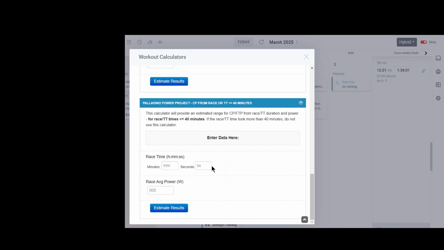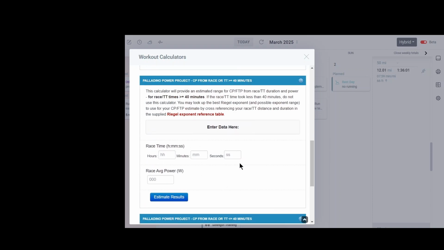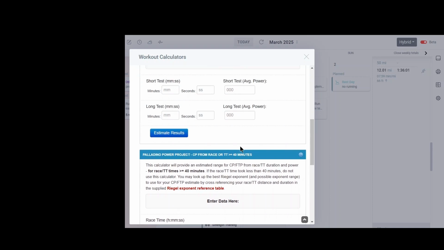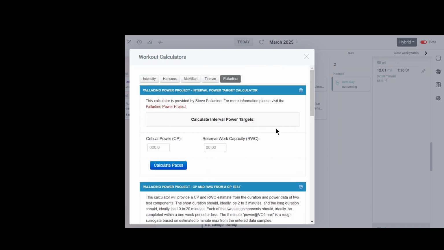So if you have a 5K, you plug it in here, click it, and you can find your estimated CP based on that 5K alone. Or let's say a half marathon, you put it in here, and it follows an exponent table, etc. But let's get back to this video and this calculator.